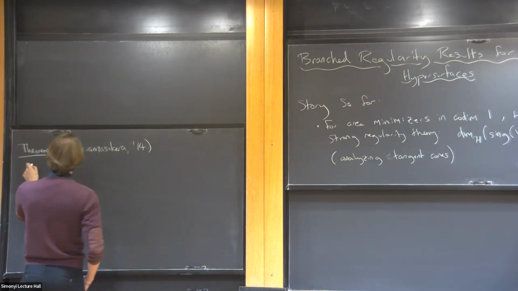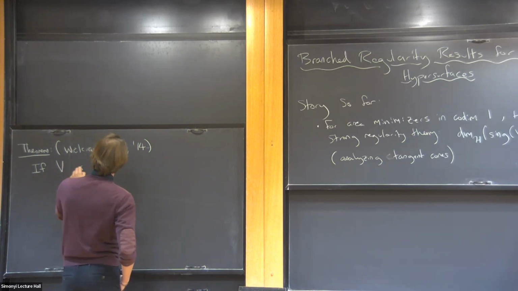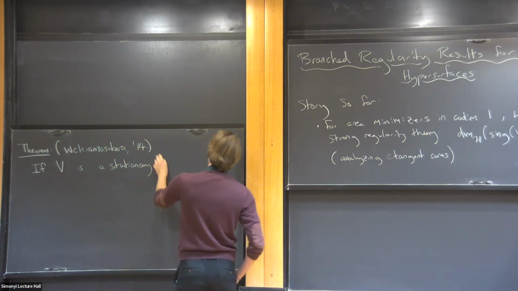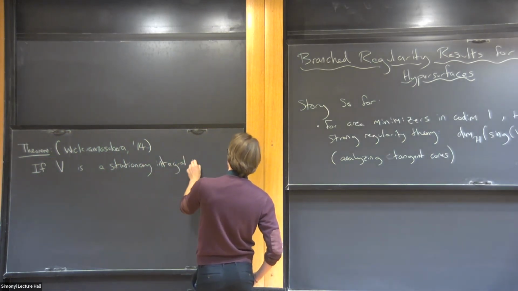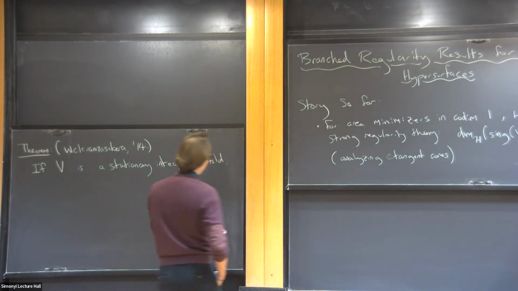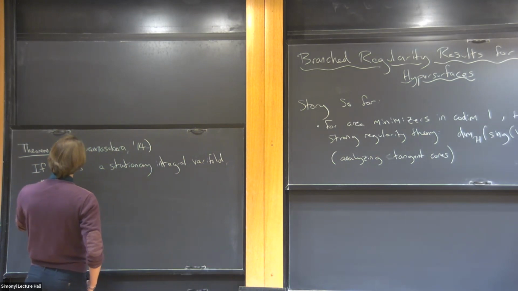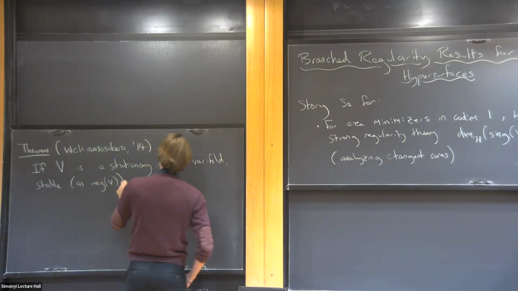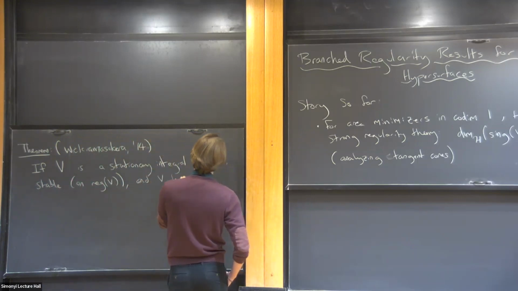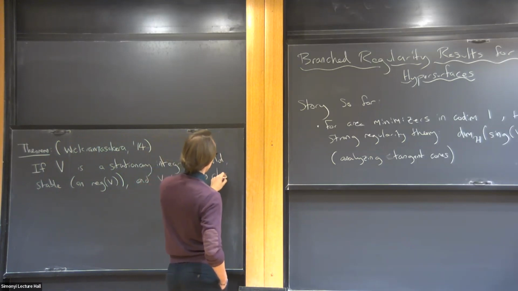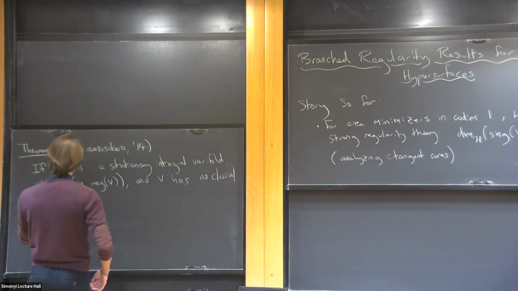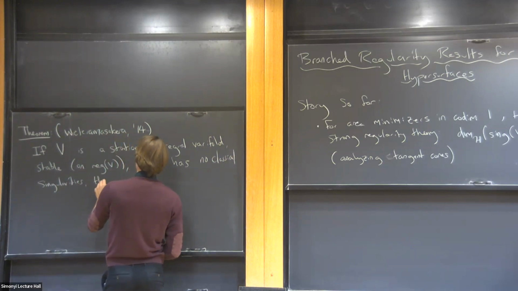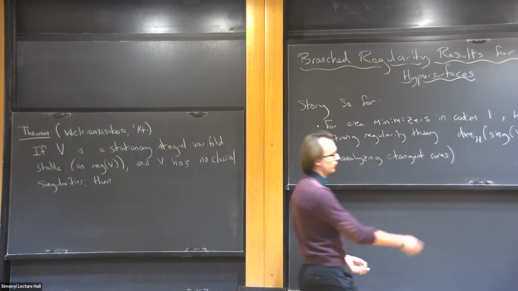Is that if V is one of these objects, so it's a stationary integral varifold, and it's stable on its smoothly embedded part, so on the regular part, and V has no classical singularities, then in fact this conclusion still holds.